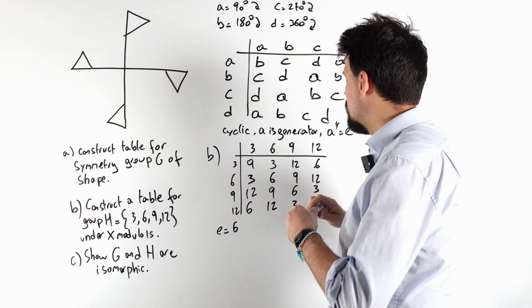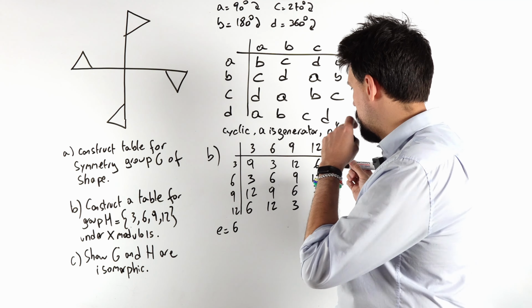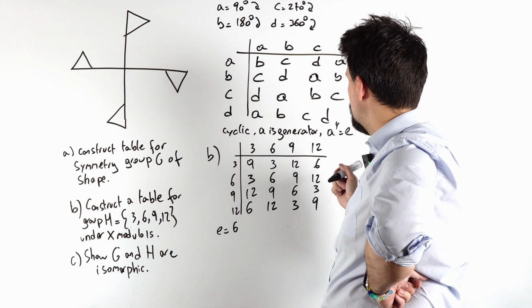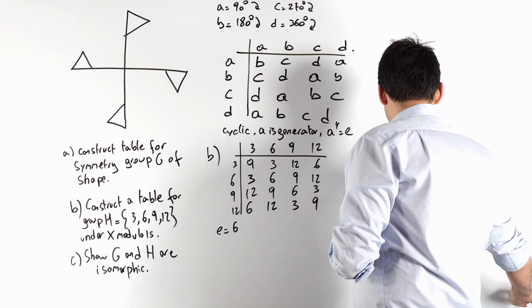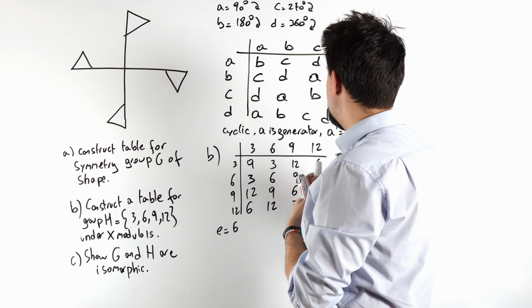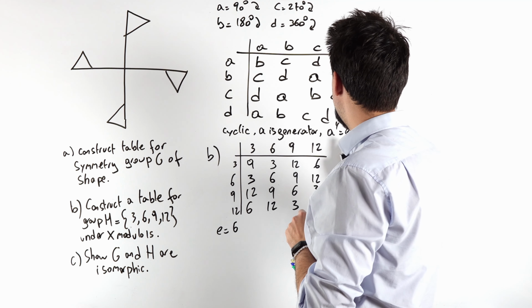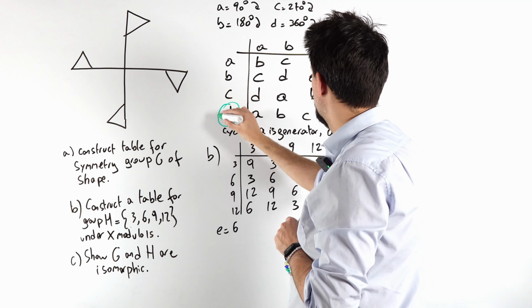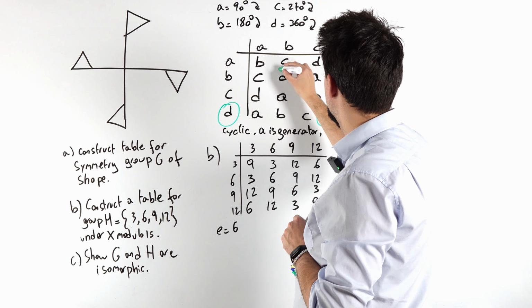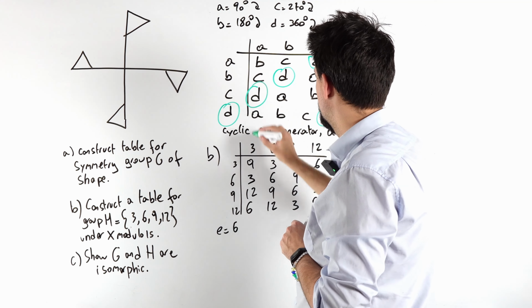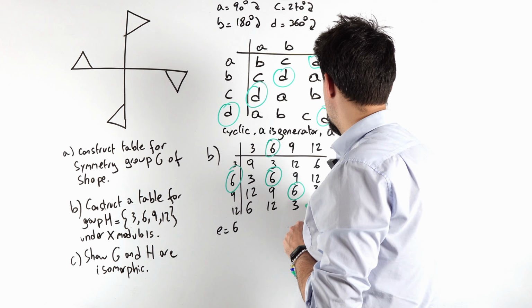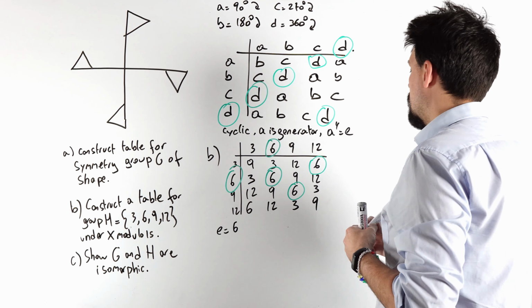Now, can we get a cyclic group with a generator? Let's just have a little look. I said my identity here was D, and I'm saying 6 is my identity.